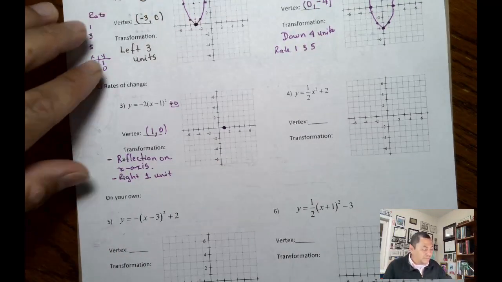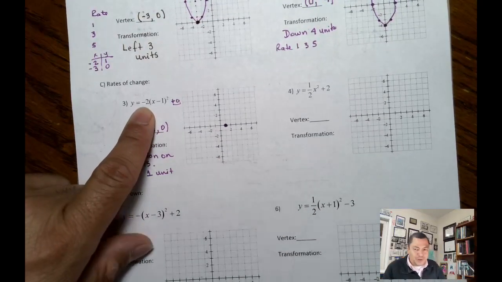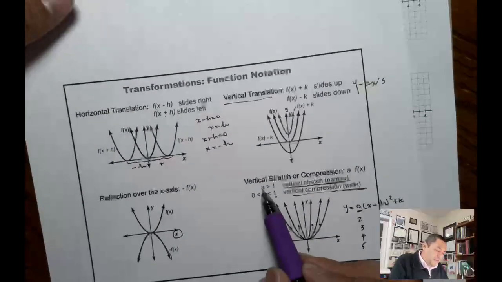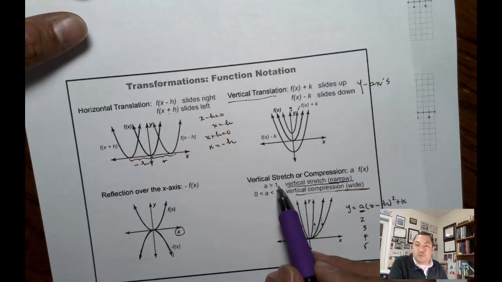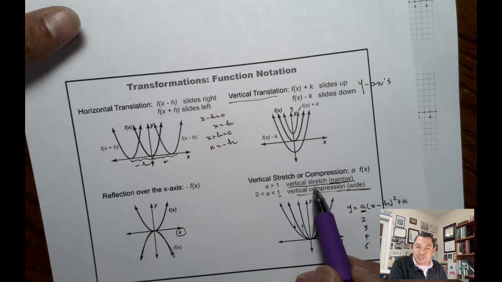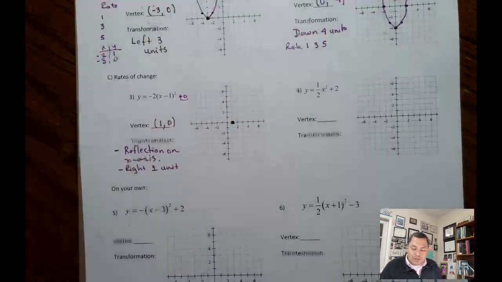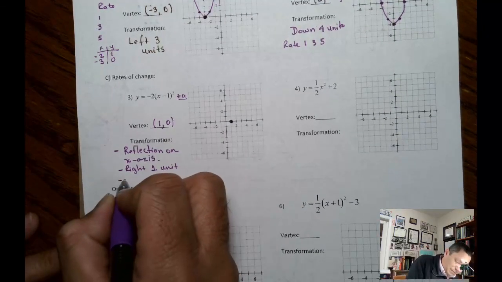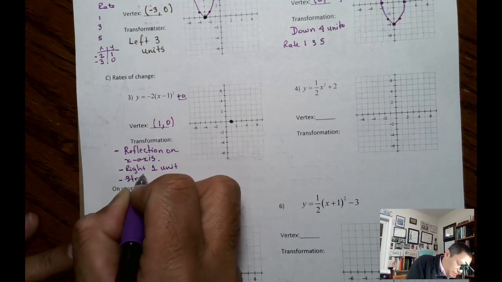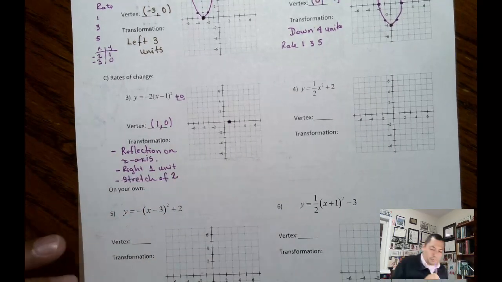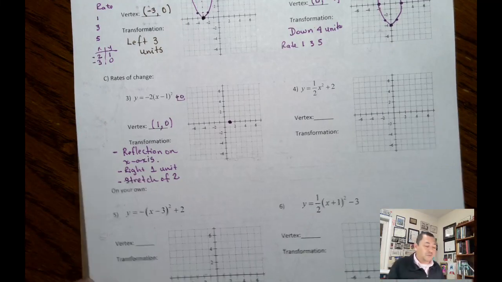And finally, because we have these 2, remember this one. If the value of a is greater than 1, we're going to have a vertical stretch or narrow. So in this case, we're going to have a stretch of 2.